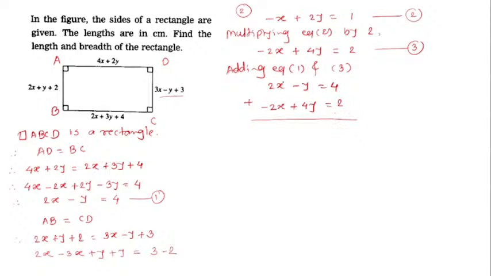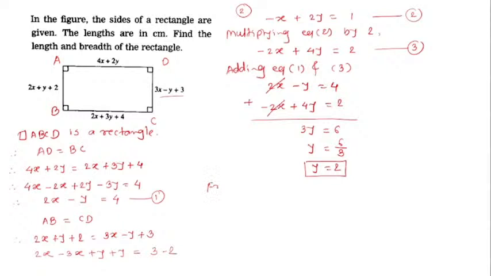Now we are adding these two. Plus 2x minus 2x cancels out. Minus y plus 4y is 3y, is equal to 4 plus 2, 6. So y is equal to 6 divided by 3. That means y is equal to 2. So this is the value of y.